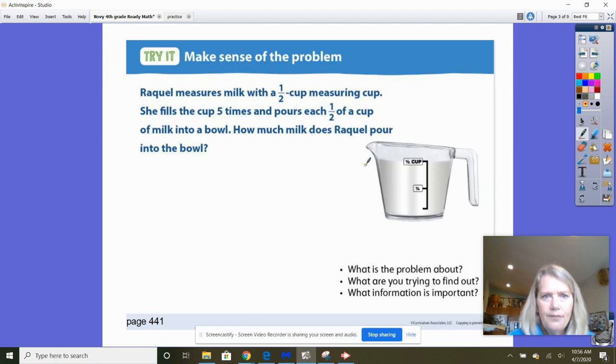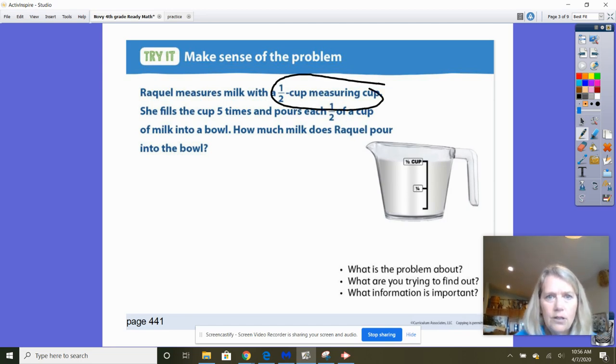Okay, write down the important information on your whiteboard or on your paper or in your book. Hopefully you wrote down this information right here: 1/2 measuring cup, 5 times. Looks like we have 5 1/2s.